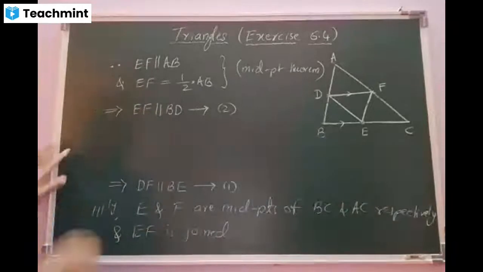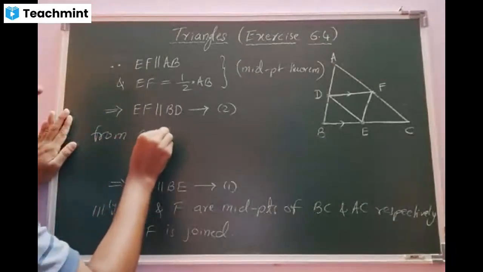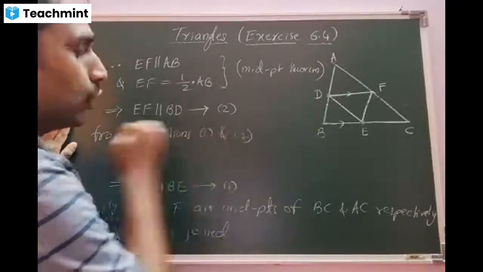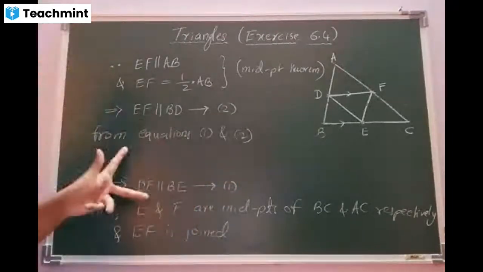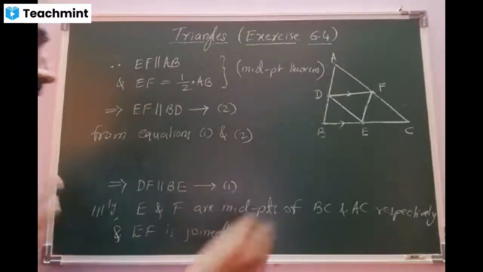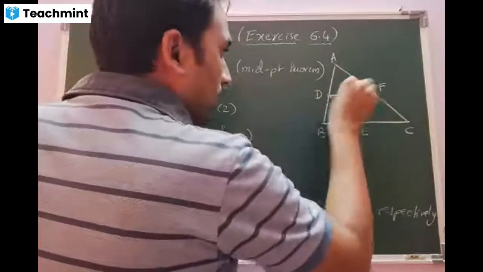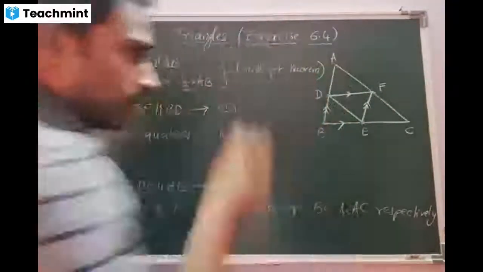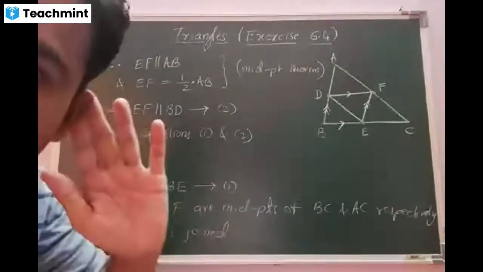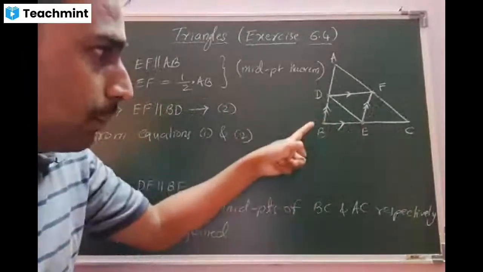Done, sir. From equations 1 and 2, beta, can anybody tell me what we can conclude from 1 and 2? Look at this. What will be the conclusion? This is parallel. So what is the conclusion? Quick. Sir, DFEB is a parallelogram.